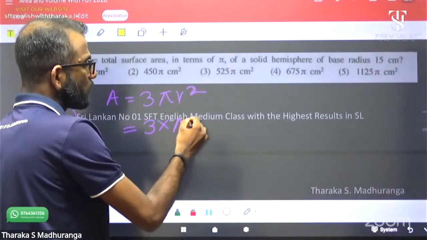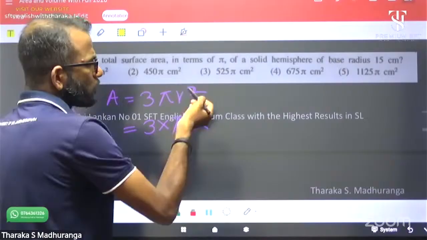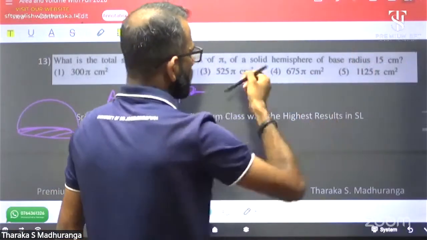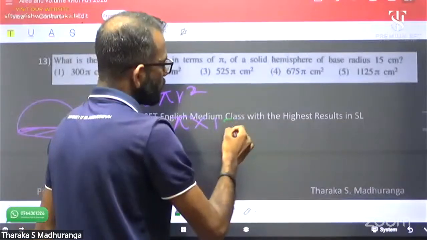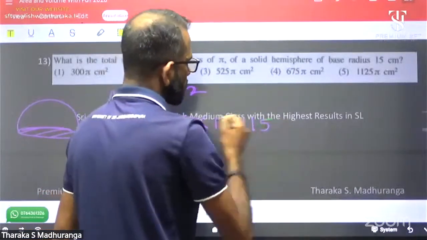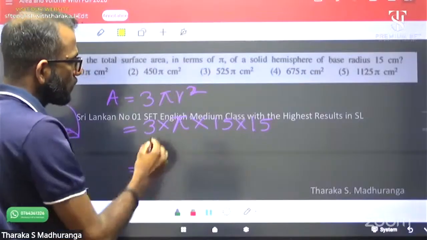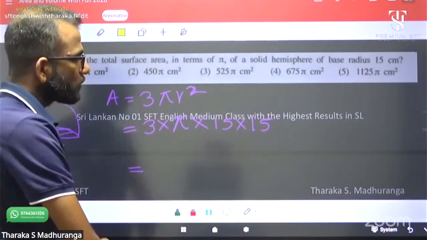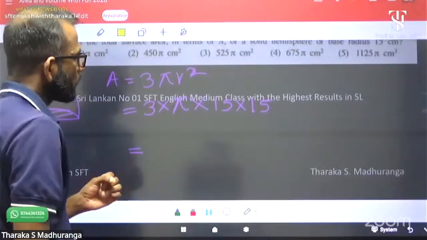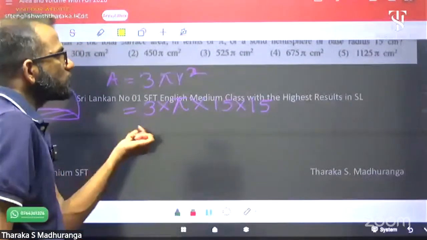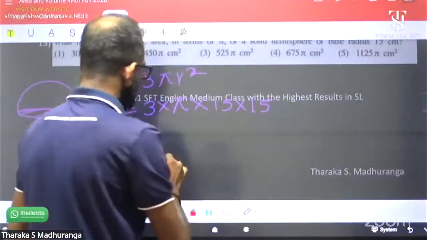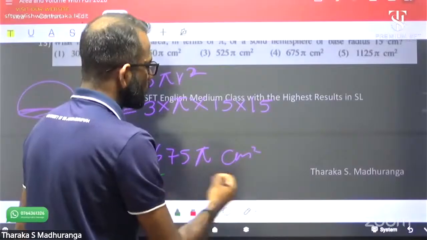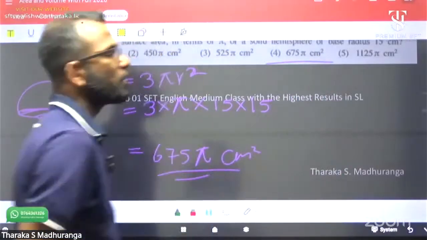In terms of pi, it is asking for r squared. The radius is 15, so 15 into 15 is 225, into 3 is 675. So 675 pi square centimeter, right? Question number 13, answer number 4.